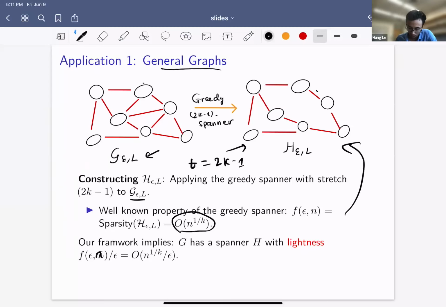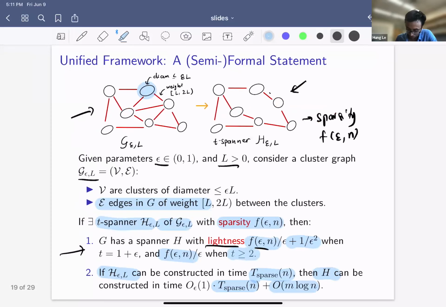And so our framework implies that G has a spanner with lightness f(epsilon, n), which is order n to the 1 over k over epsilon. This is what we get from our framework. Our framework says that when the stretch is at least 2, then the lightness is f(epsilon, n) over epsilon.